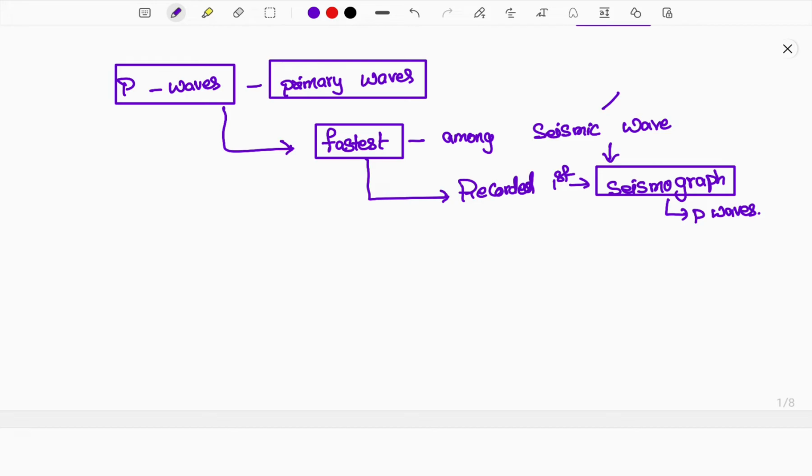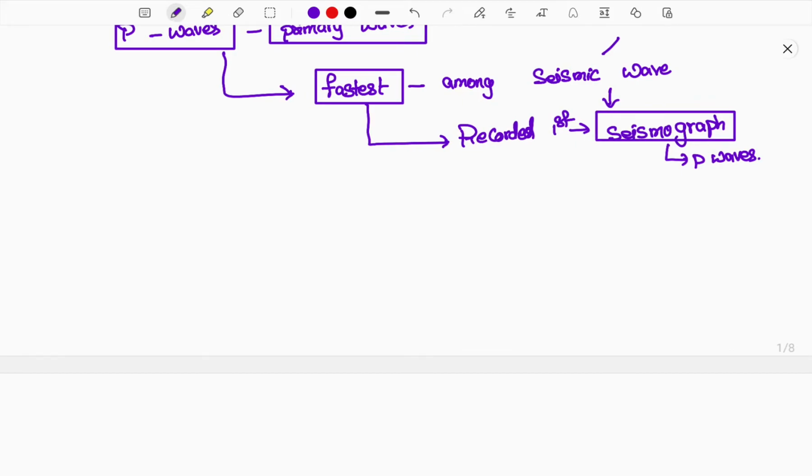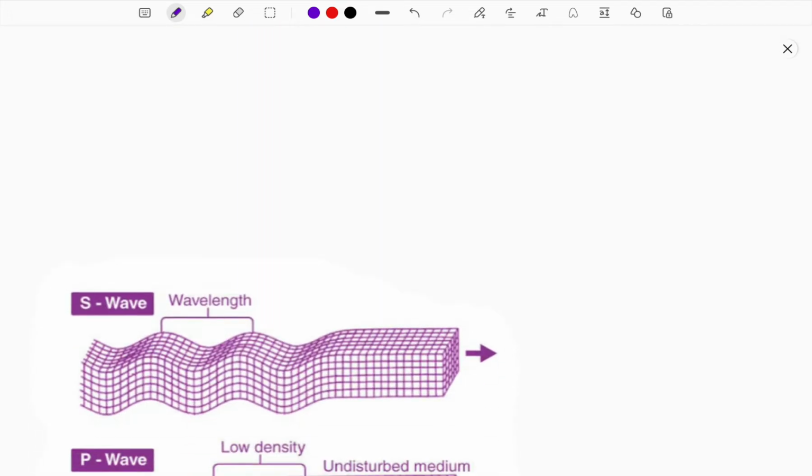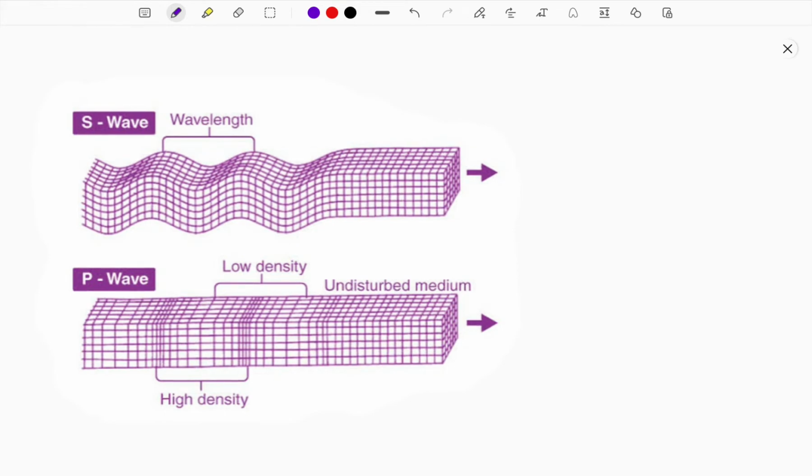Now let me take you to understanding the other names of the so-called P waves. Before that, if you view the P waves and S waves, you will understand the concept much more clearly. I am providing that for you here. This is a P wave and an S wave. Below is a P wave, above is an S wave.